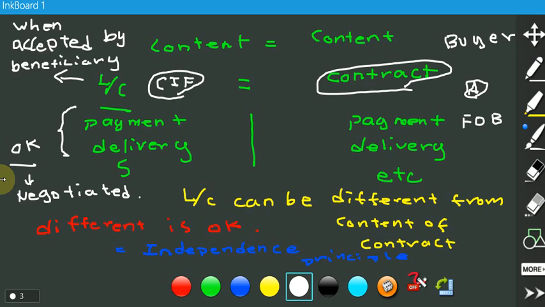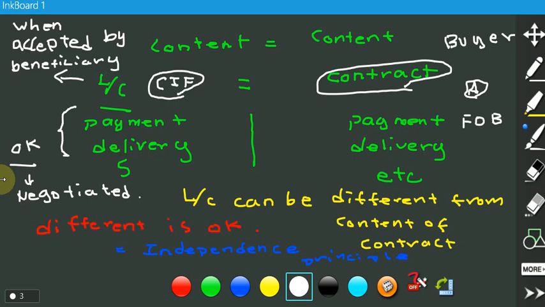Once we see the article of UCP: a beneficiary can in no case avail itself of the contractual relationship existing between the bank or between the applicant and the issuing bank. So later on the beneficiary cannot reject, saying, oh, this letter of credit is different from our original one.